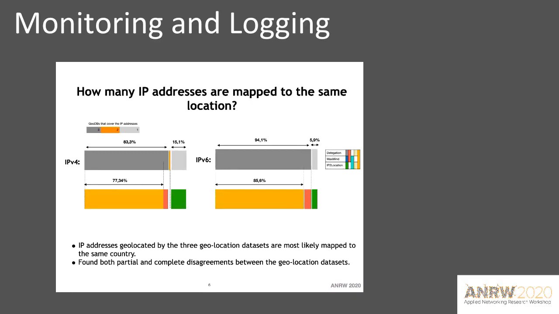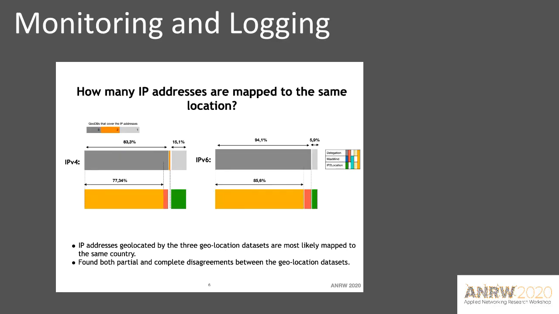Our next step is to analyze the overlapping between the different IP geomappings. For this analysis, we look only at the mappings obtained when using the 3 geolocation datasets, that is Delegation, MaxMind, and IP2Location.